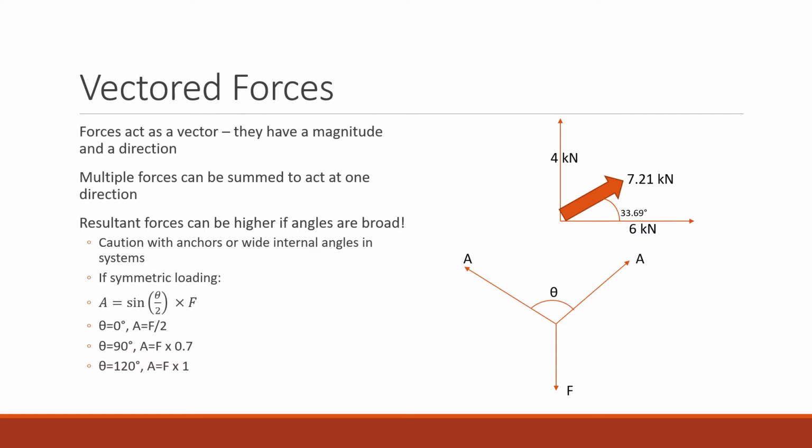So for example, you've got a straight down load, and you're going to try and balance it between 2 anchors that you're hanging this load off of. You have the option of picking how far those anchors are away from each other, but you're going to keep them symmetric because it's easier that way. If you have a 0 degree internal angle, it's symmetric.